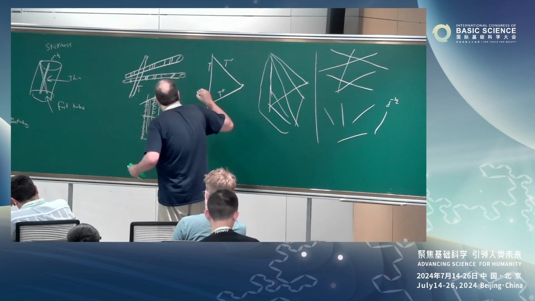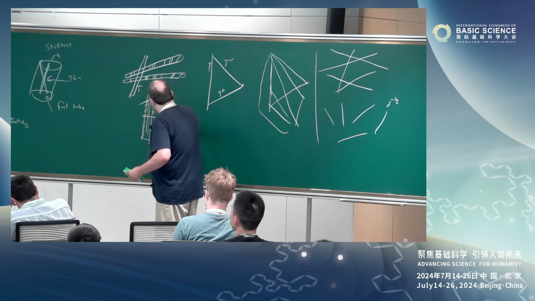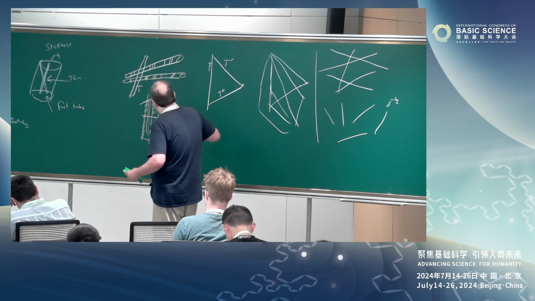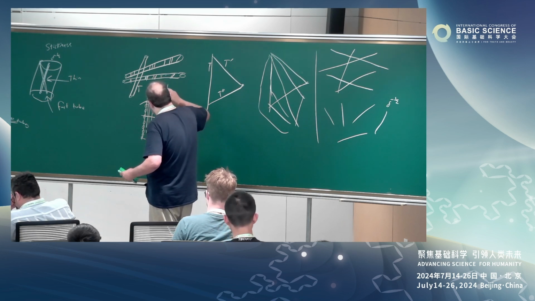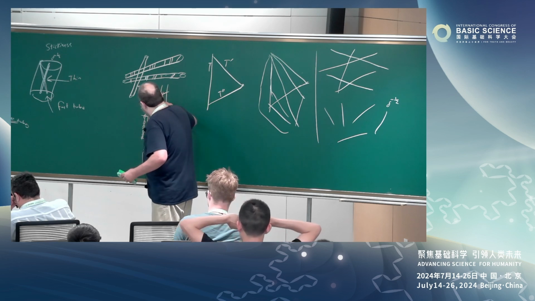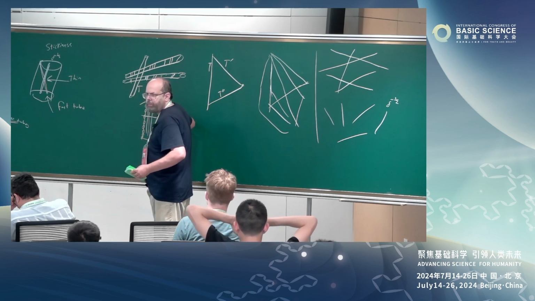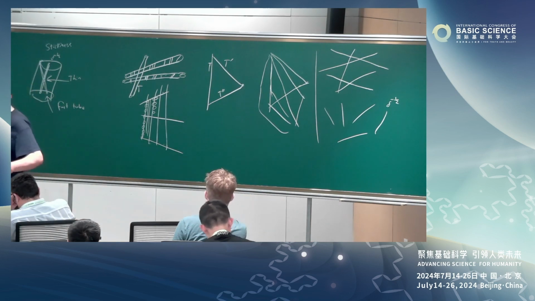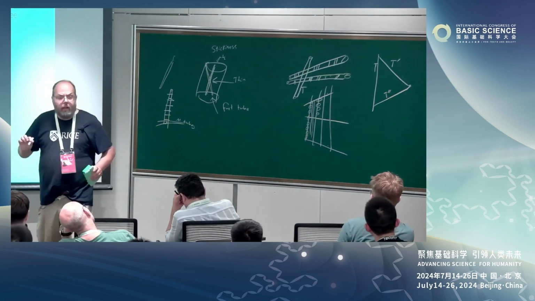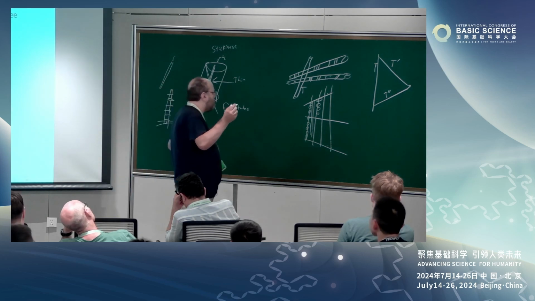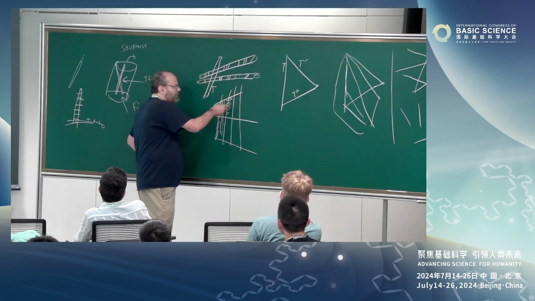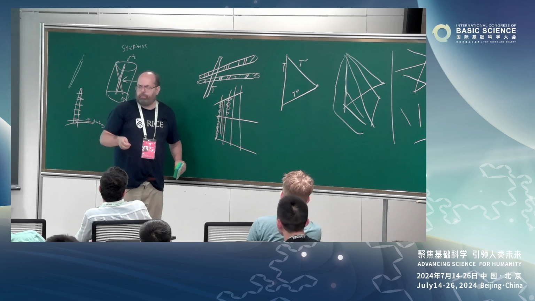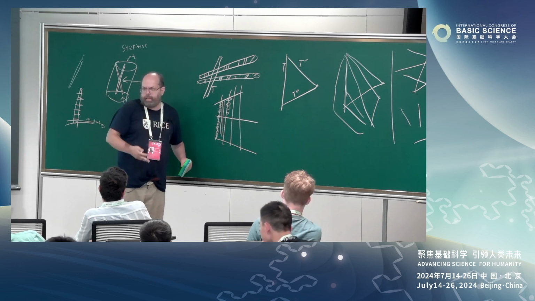But now, so those are my 3 lines, and now if I take my 4th line, if my 4th line intersects the doubly ruled surface transversely, then everything would work, then my heuristic would be fine. But there's nothing to stop the 4th line from being tangent, or nearly tangent.